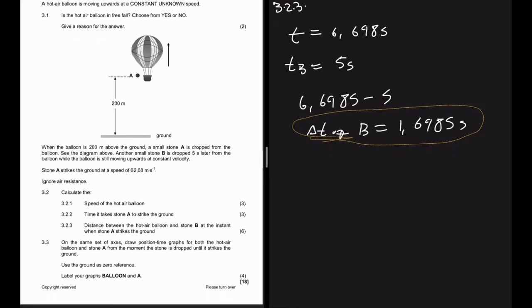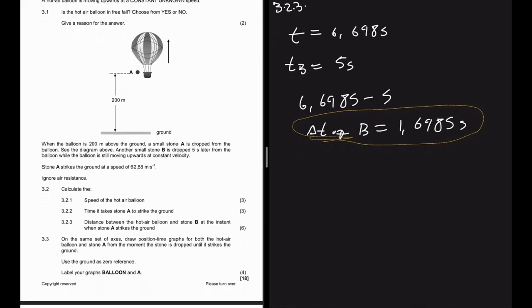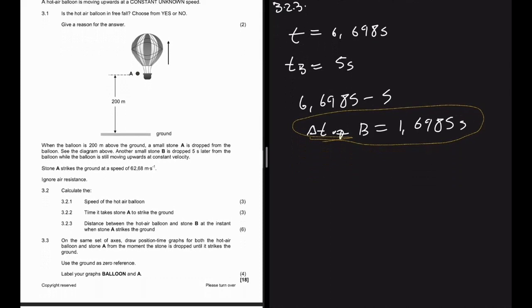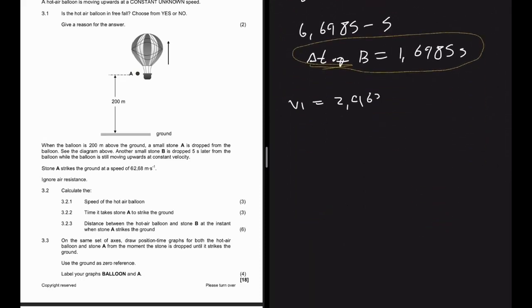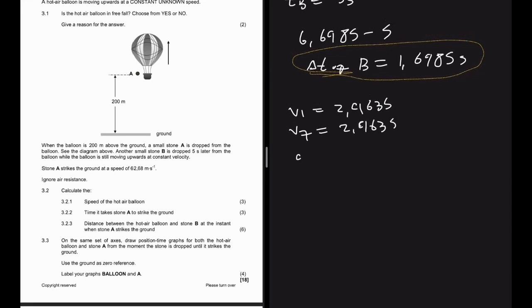So we're supposed to find the distance between the hot air balloon and stone B. So the hot air balloon, we know that it is moving at a constant speed, right? So to calculate that distance, we know that VI equals 2.9635, and we know that VF is also 2.9635, and we know that acceleration equals 0, and we know that delta t equals 1.6985 seconds, right?